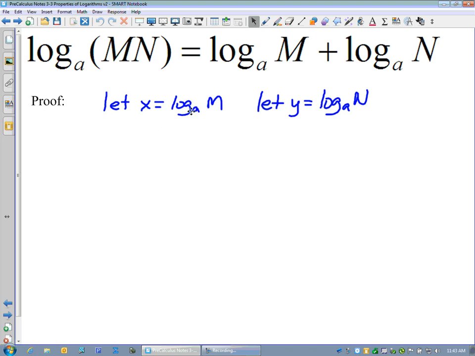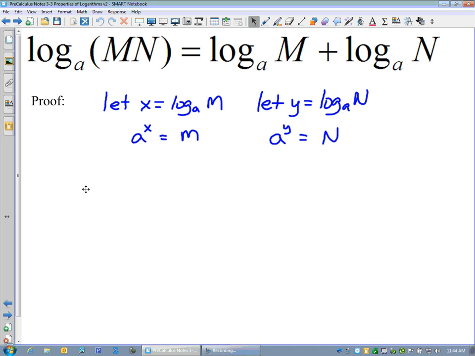And remember here, a log is an exponent. So this is saying that the exponent of a that gives you m is x. That means that a to the x is m, because the exponent of a, which is x, gives you m. Same thing over here, we have a to the y equals n. Those would be the exponential forms.